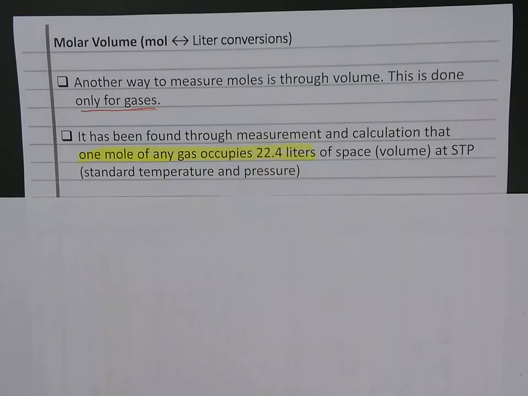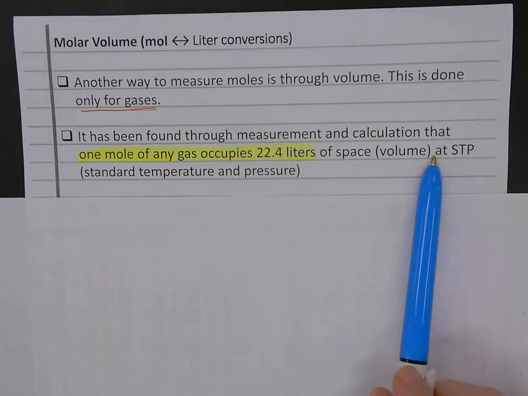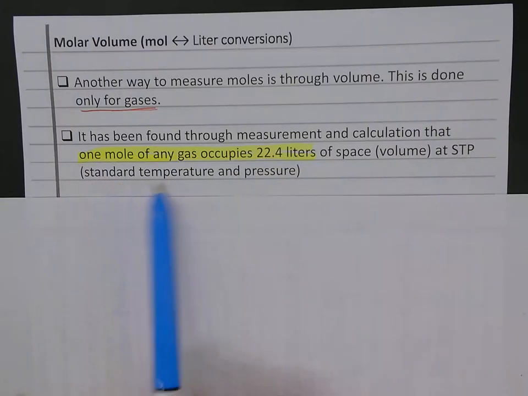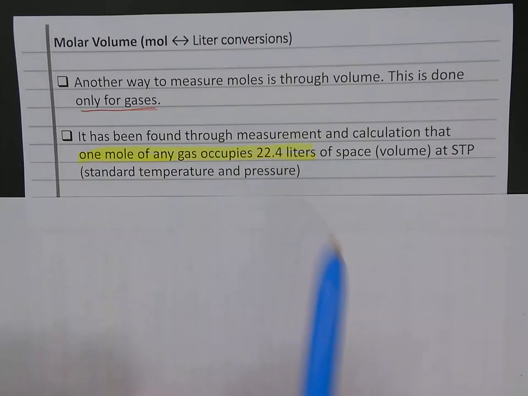Now, we can do this for gases only, and there are some other special conditions. It says at STP. STP stands for standard temperature and pressure. So gases can change their volume really easily if we change their temperature or we change the pressure that's on them. Okay? You might have experienced or seen this before if you've ever had balloons and you go outside in Fresno on like a 117 degree day and they pop.